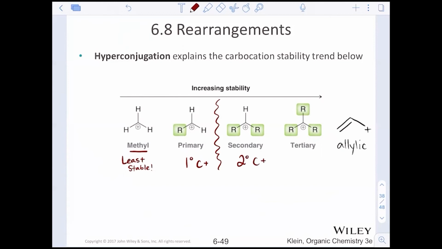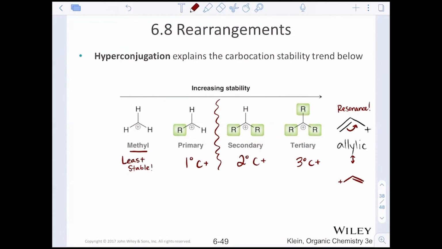Secondary carbocations can form. There's enough hyperconjugation with two R groups donating electron density towards the carbocation. Tertiaries are the most stable of our R group systems. Allylic, we've seen these before, resonance stabilized carbocations are the best.